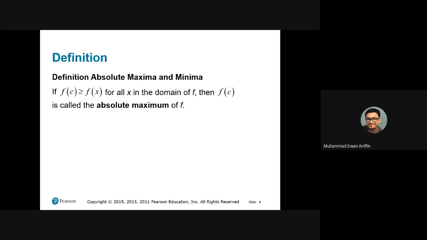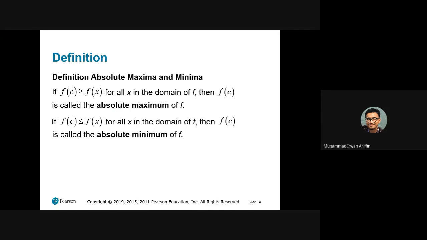If f of c, the value of our function at c, is greater than or equal to the value of our function for all x within the domain of f, this means it is the highest point compared to all other x's, then f of c is called the absolute maximum of f.